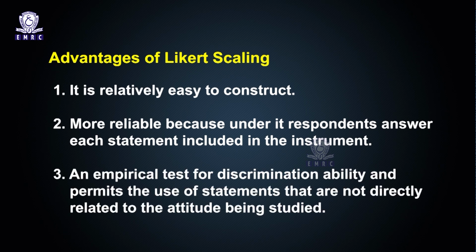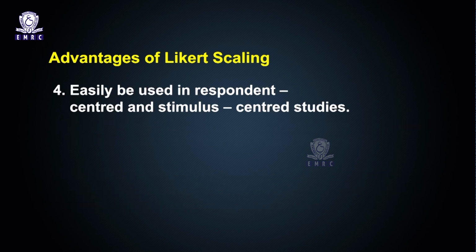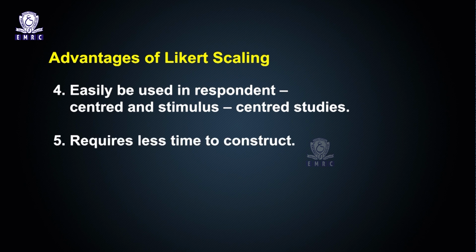Third one, each statement included in the Likert type scale is given an empirical test for discrimination ability and permits the use of statements that are not directly related to the attitude being studied. The fourth one, this scale can easily be used in respondent centered and stimulus centered studies. The fifth one, it requires less time to construct.